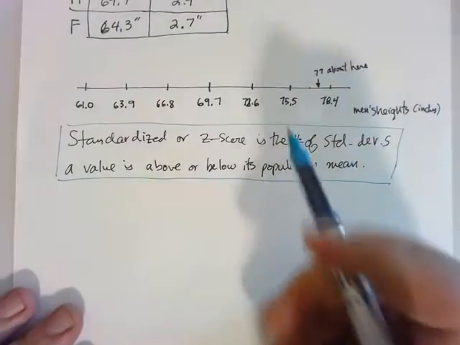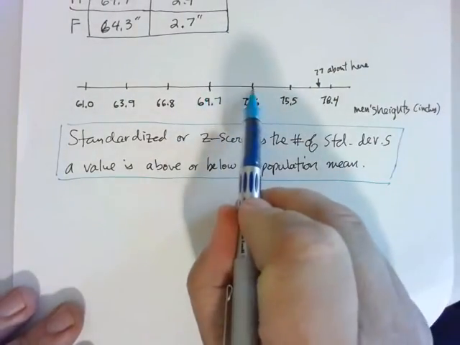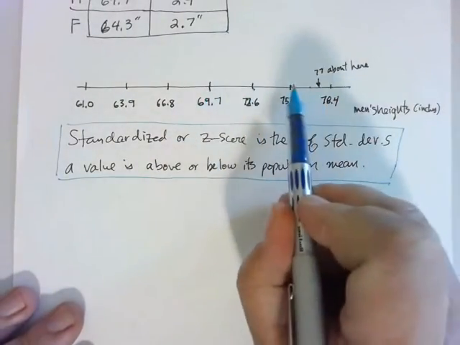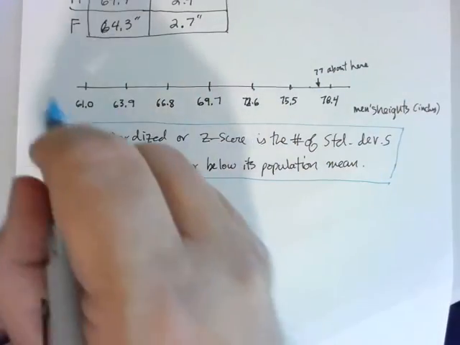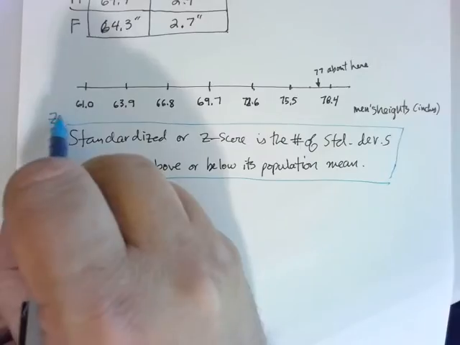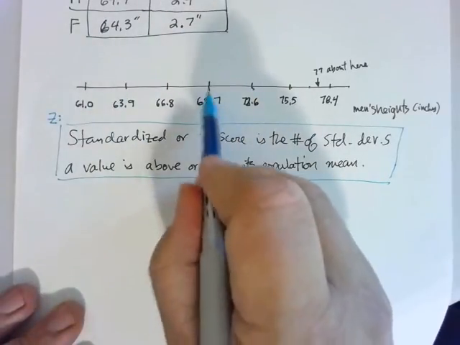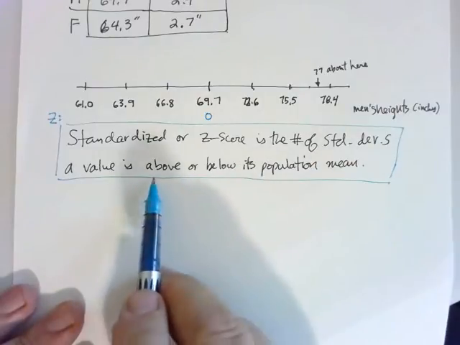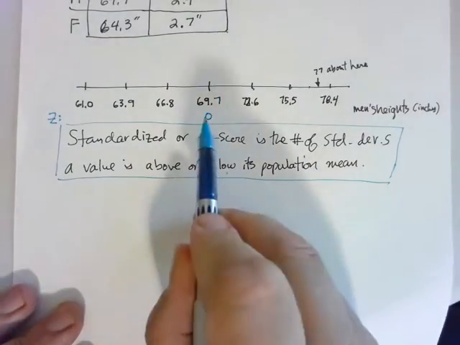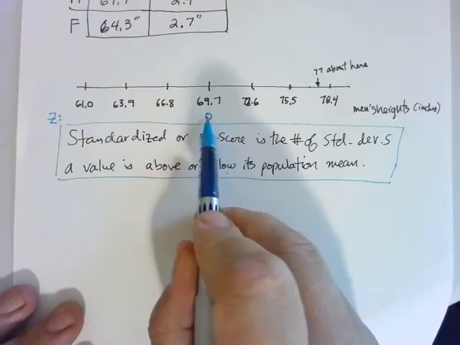So if we look at this number line, we see this is 1 standard deviation, this is 2 standard deviations, this is 3 standard deviations. So right under here I could write z-scores. Okay? A value at the mean would have a z-score of 0. It is neither above nor below the population mean, so its z-score would be 0.